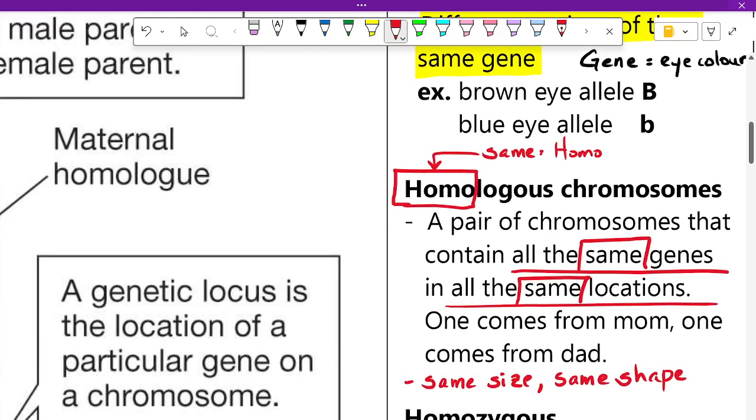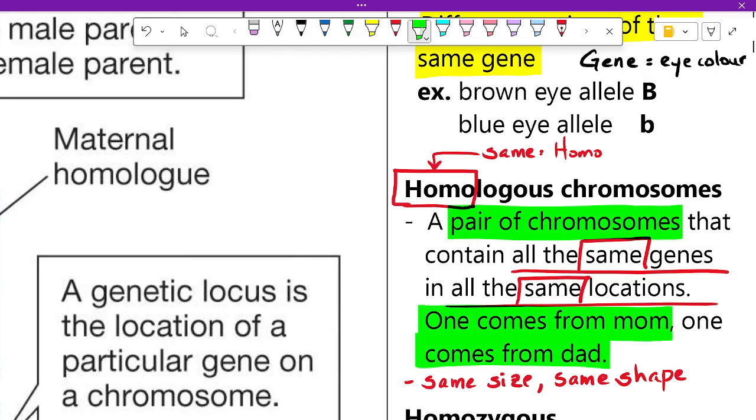So homologous chromosomes is a pair of chromosomes. One from mom, one from dad, same genes, same locations. So homologous chromosomes might be chromosome number 1 from mom and number 1 from dad.